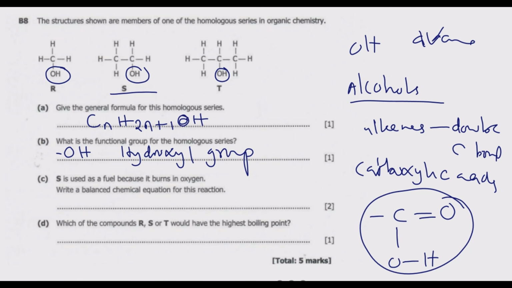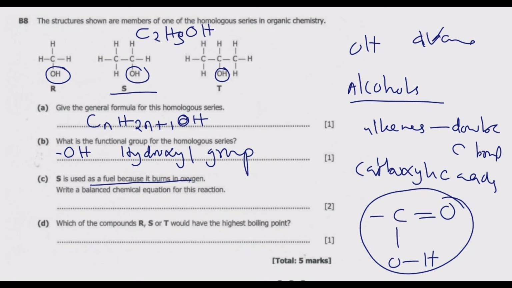Write a balanced chemical equation for this reaction. So we are burning this fuel in oxygen, and we are required to write a balanced chemical equation. What you notice in this case is the formula is C2H5, then the hydroxyl. So this is ethanol.